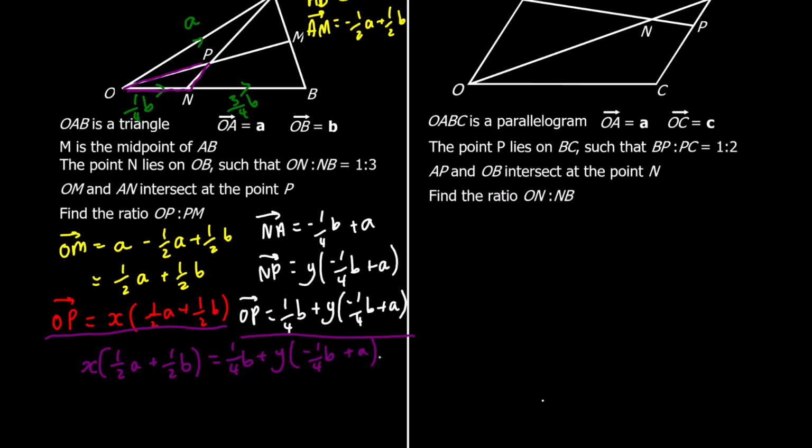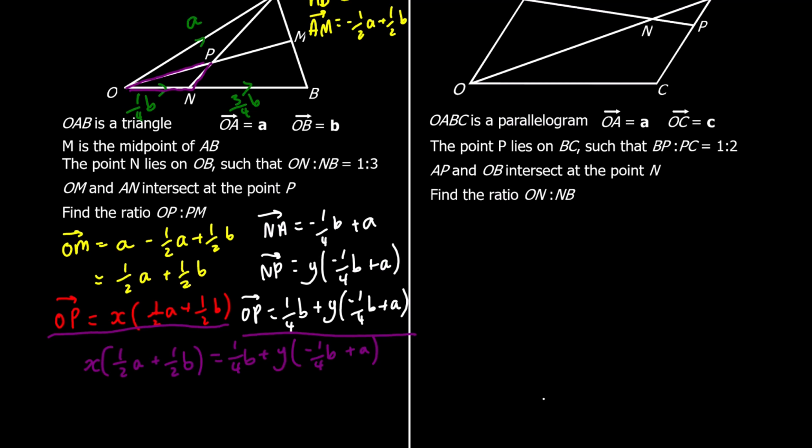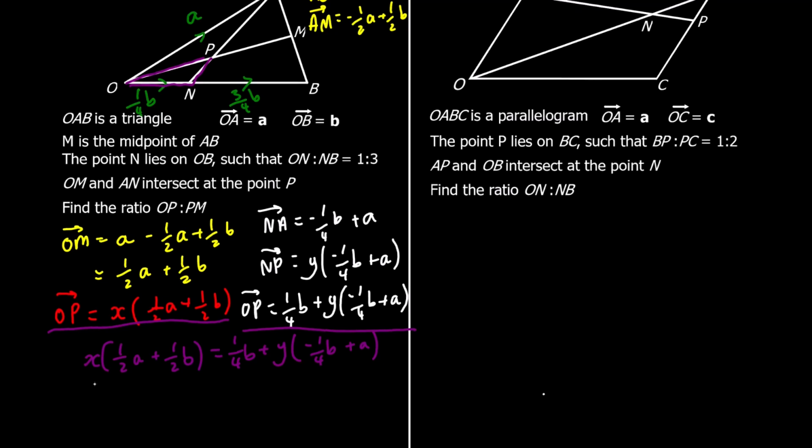Then I can separate out the A's and B's. I'll expand first. So I have half X A plus half X B equals 1/4 B minus 1/4 YB plus YA. So now I've got loads of A's and B's.